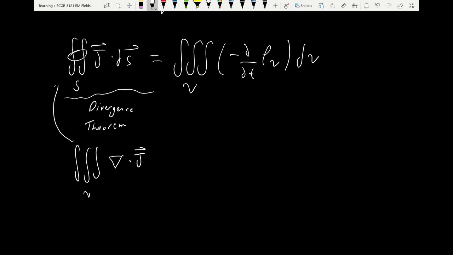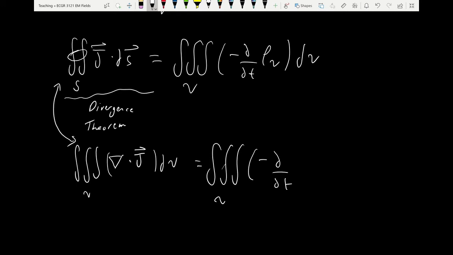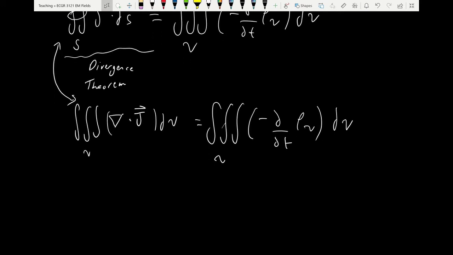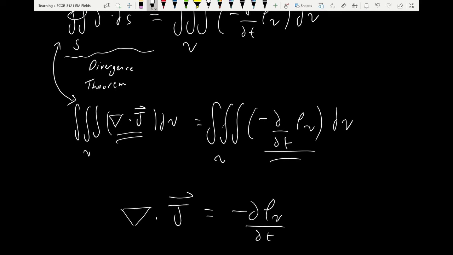So this is equivalent to that, the volume integral of minus d by dt rho v dv. Okay, and this gives me the continuity equation. I compare this to this, and I end up with divergence of j equals minus partial rho v over partial t.